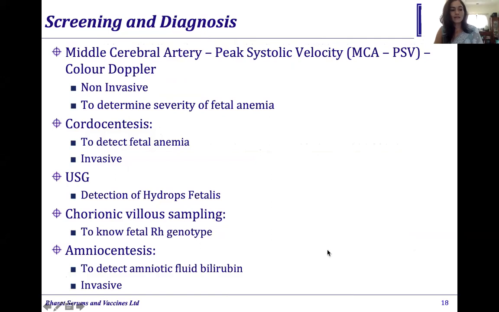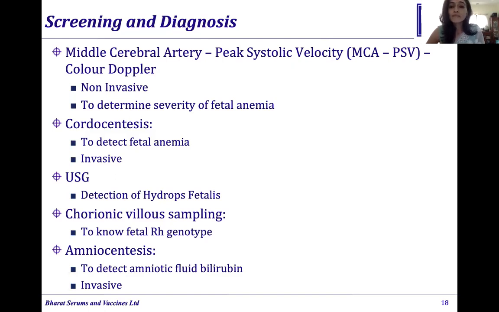Okay, basic concept. So, screening and diagnosis. One of the ways in which the management of Rh negative pregnancies has been revolutionized is because of the middle cerebral artery peak systolic velocity. And in many ways, today we are probably just scratching the surface, but to have an overall view of how to approach an Rh negative pregnancy, here we are.